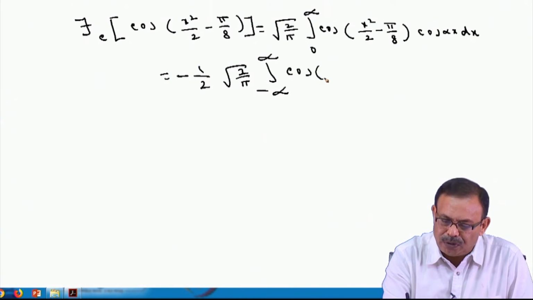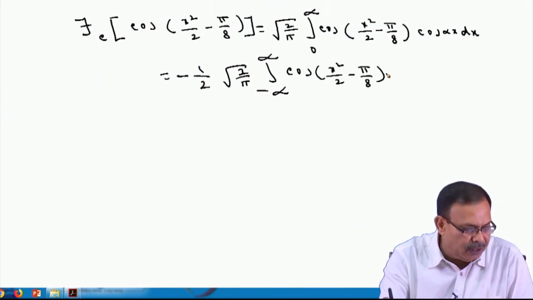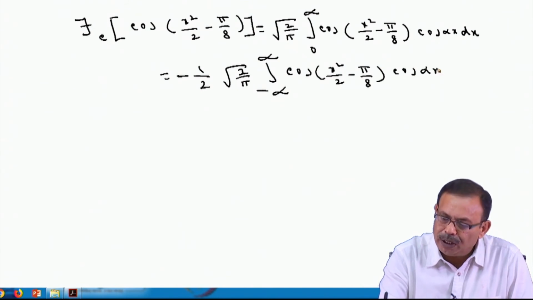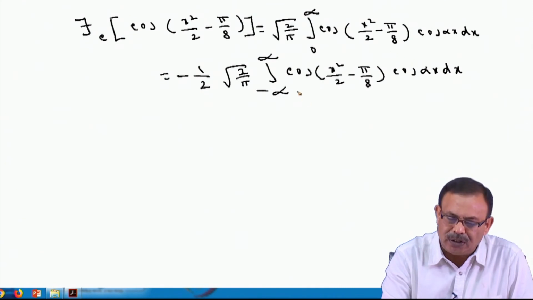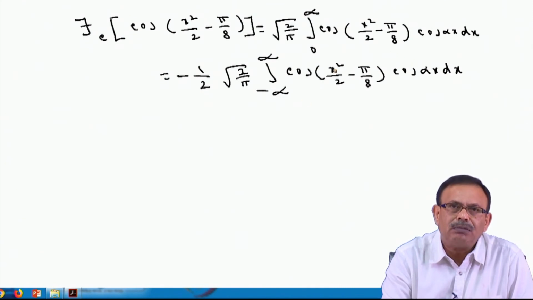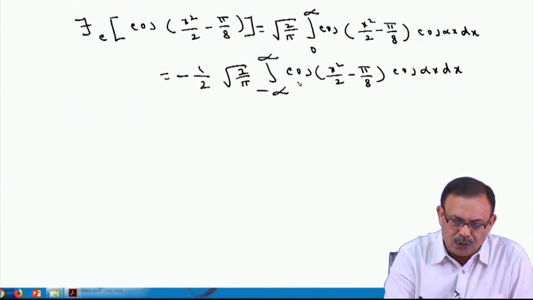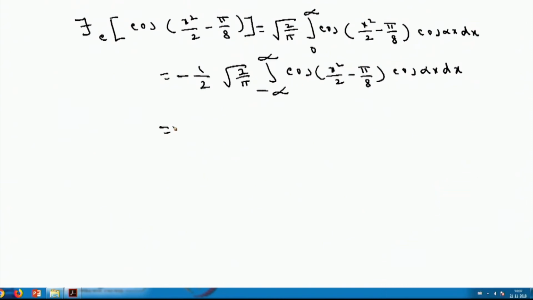Therefore, this equals cos of x square by 2 minus pi by 8 into cos of alpha x dx. Since the function inside is an even function, I am changing the limit from 0 to infinity to minus infinity to infinity, and the sign will be plus.